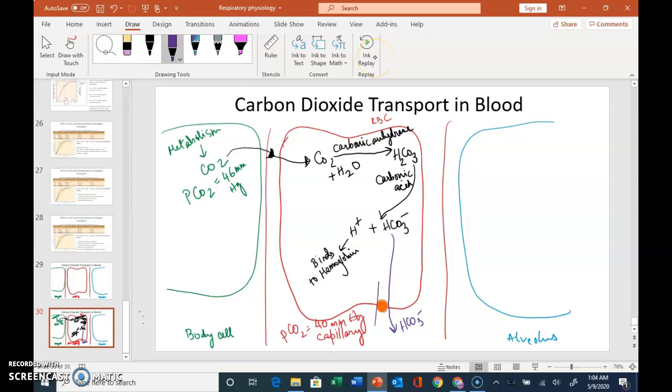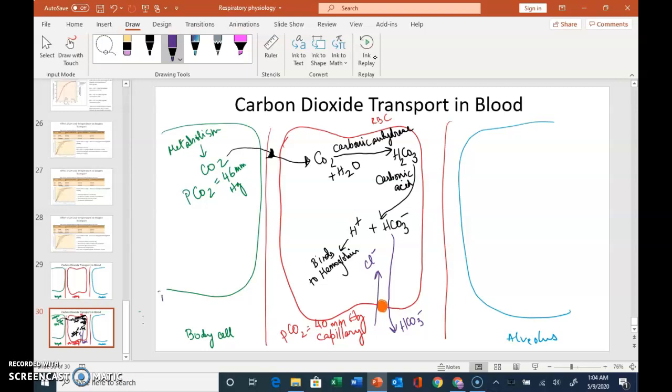And in return, chloride enters the RBC. Okay. I want you to remember one thing. 70% of carbon dioxide that is produced in the cell gets converted into bicarbonate that is transported via plasma.